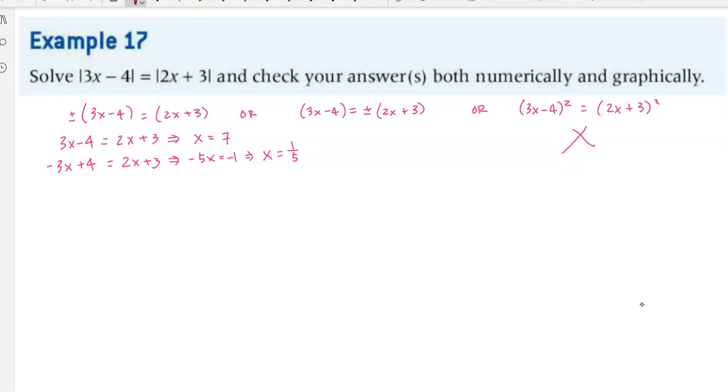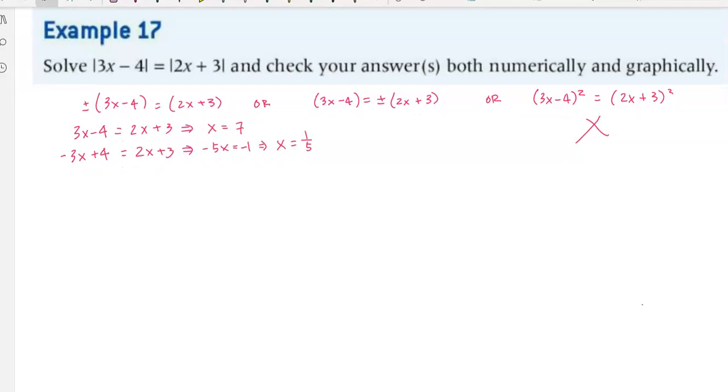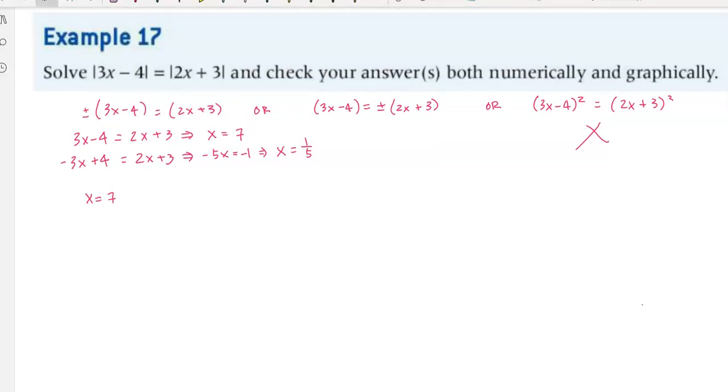Now let's check. Let's check x equals 7. They do a little fancy way of doing the left-hand side and the right-hand side and making sure that they equal each other, but we could do that if we wanted to. Left-hand side: absolute value of 3 times 7 minus 4.